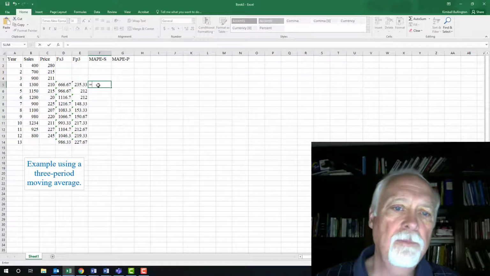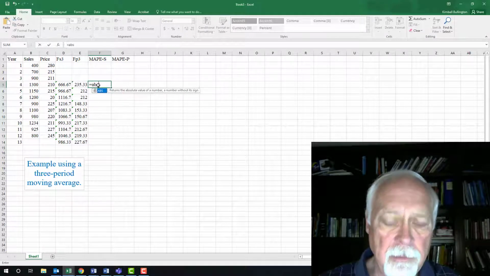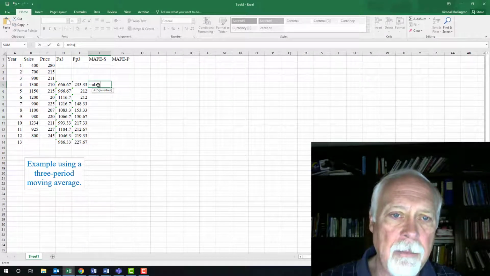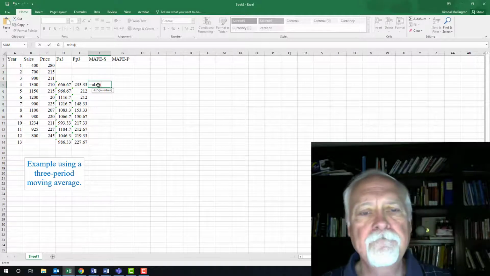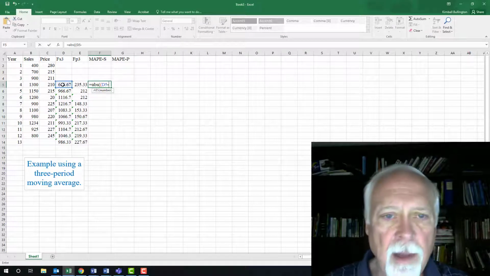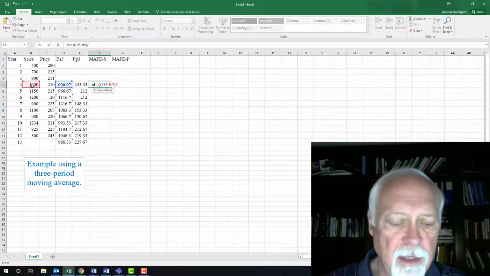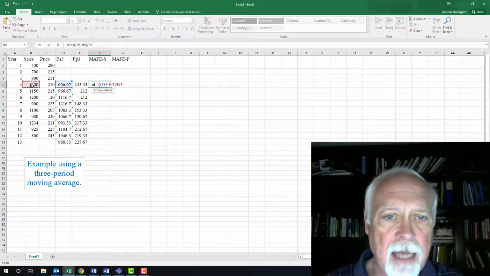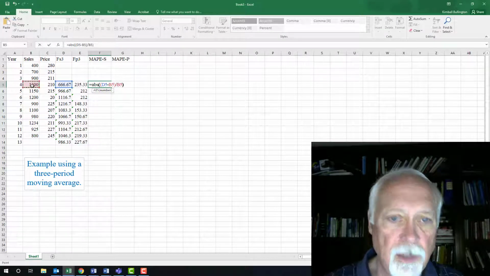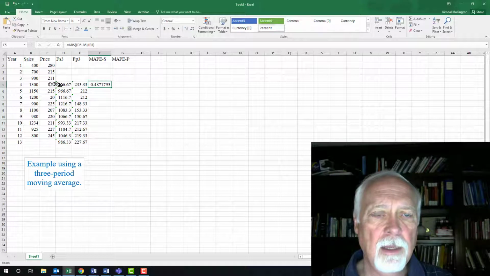So we have equals ABS, and I'm going to open another parenthesis here, and I have the forecast minus the actual. Close the first parenthesis, divided by the actual, and then I close the whole function. That's 0.47815, 48%.